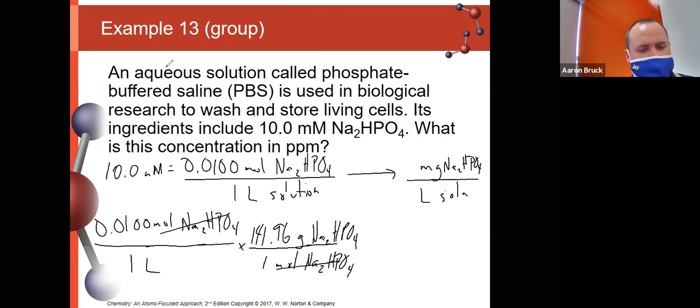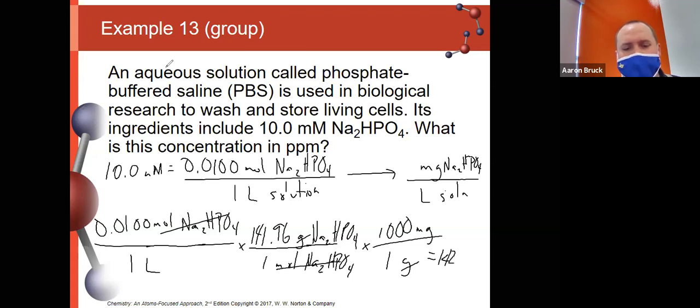My moles cancel. Last step, 1 gram to 1,000 milligrams. My grams cancel. 0.0100 times 141.96 times 1,000, to 3 significant figures, would be 1,420 parts per million of the sodium monohydrogen phosphate.